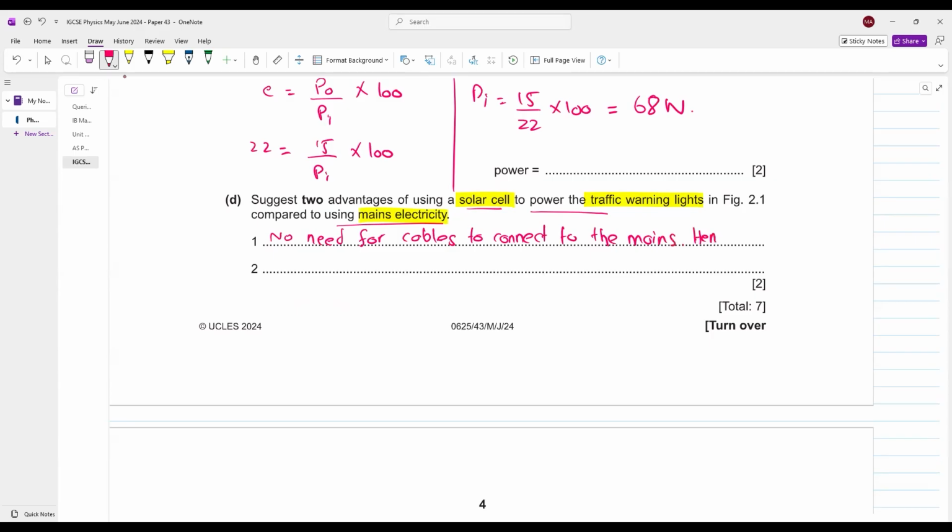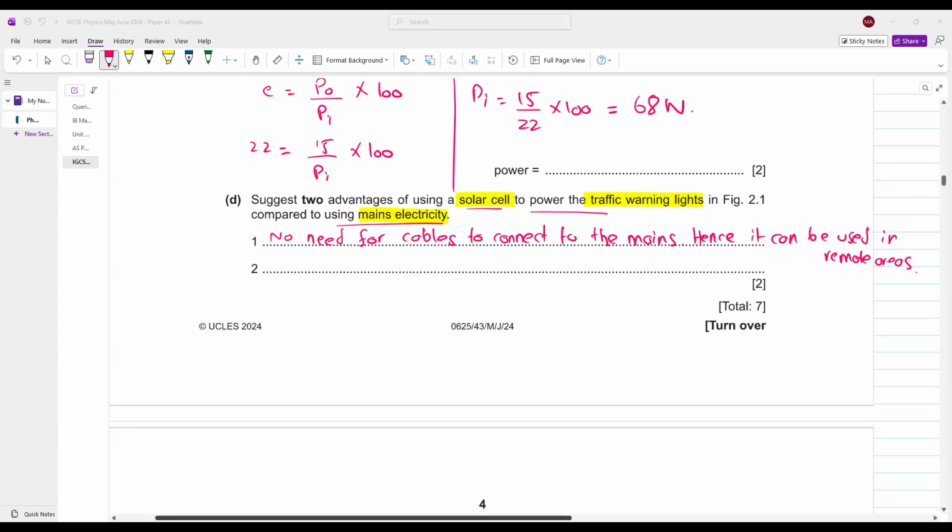Hence, it can be used in remote areas. दूर दराज के इलाकों में, विलेजेस में, गांव में ये सोलर सेल वाली ट्रैफिक लाइट ज़्यादा अच्छी रहेगी.